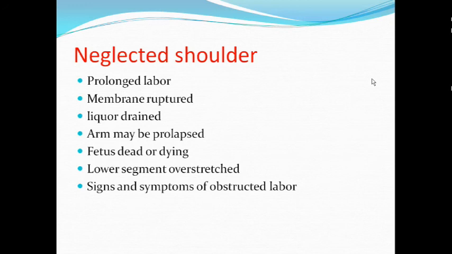When the hand prolapses, because of the outside exposure, respiration sometimes happens inside. So the baby has respiration and aspiration, and the fetus may die. When impacted, with liquor already drained out, cord compression can happen, causing fetal distress, and the fetus may die inside. The lower segment is overstretched, and signs and symptoms of obstructed labor will be there.